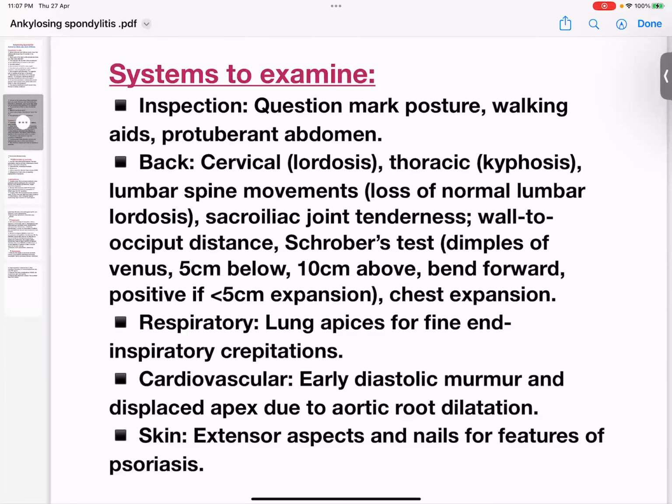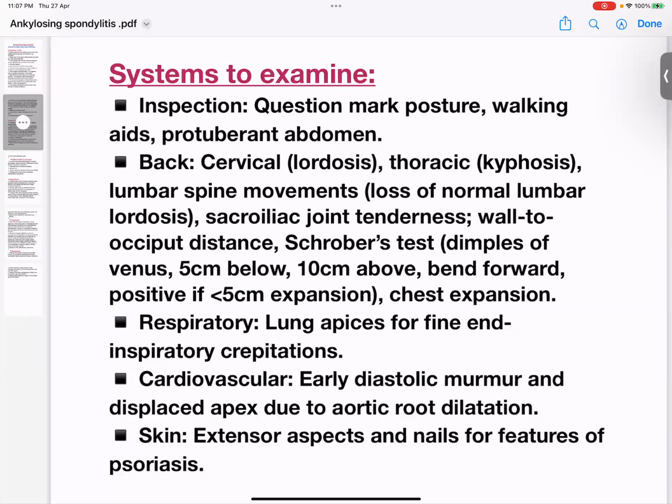Loss of normal lumbar lordosis, so all the spine will be deformed. That's the bamboo sign. Sacroiliac joint tenderness, wall to occiput distance.